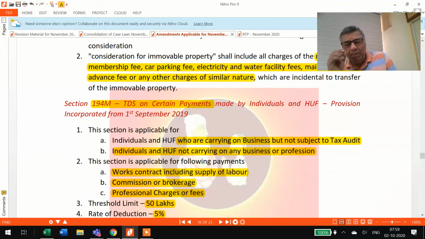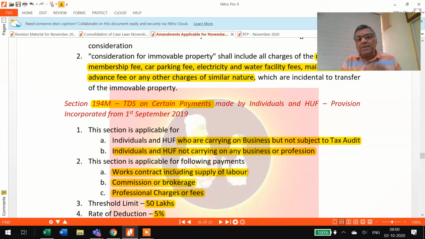Suppose I am constructing a house and giving the construction as a contract to a builder. The builder says it will be 75 lakhs in total. Previously, if I was constructing an office and the builder said 75 lakhs, 194C is applicable. But I am constructing my residential house.